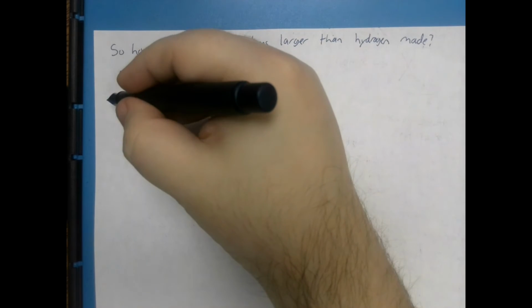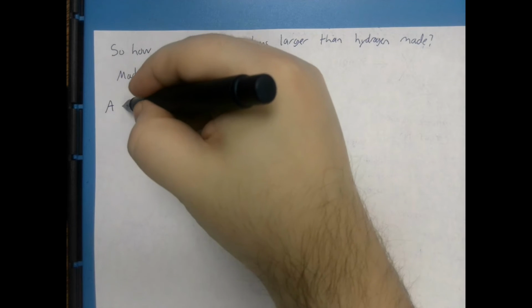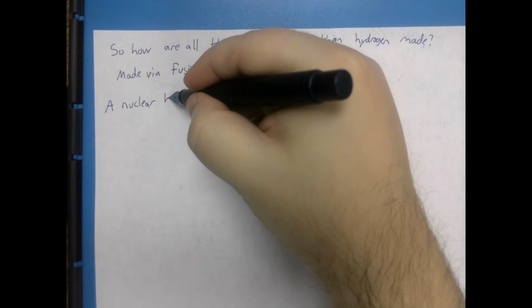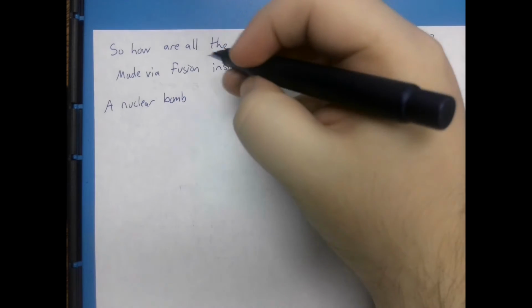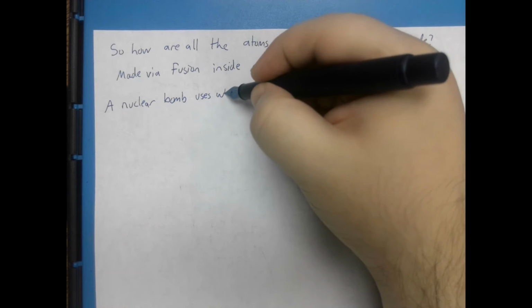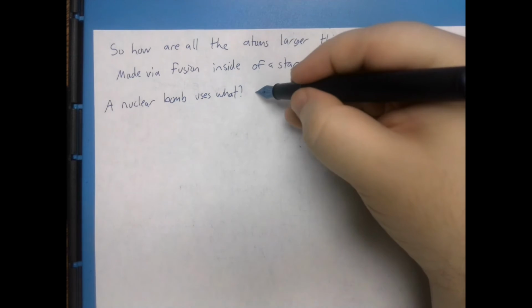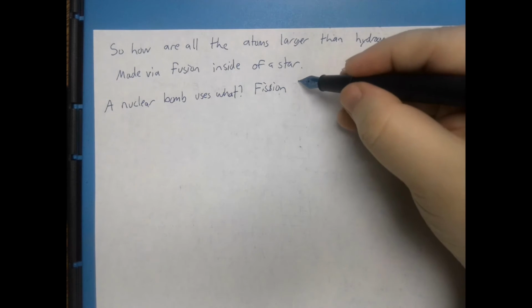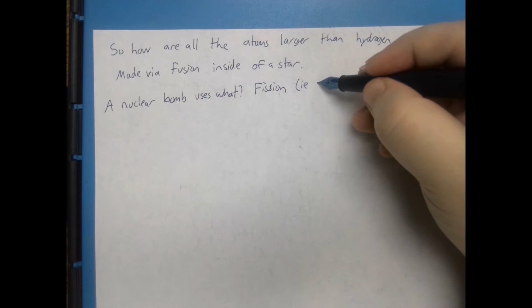A nuclear bomb uses what? Uses fission, i.e. splitting the atom.